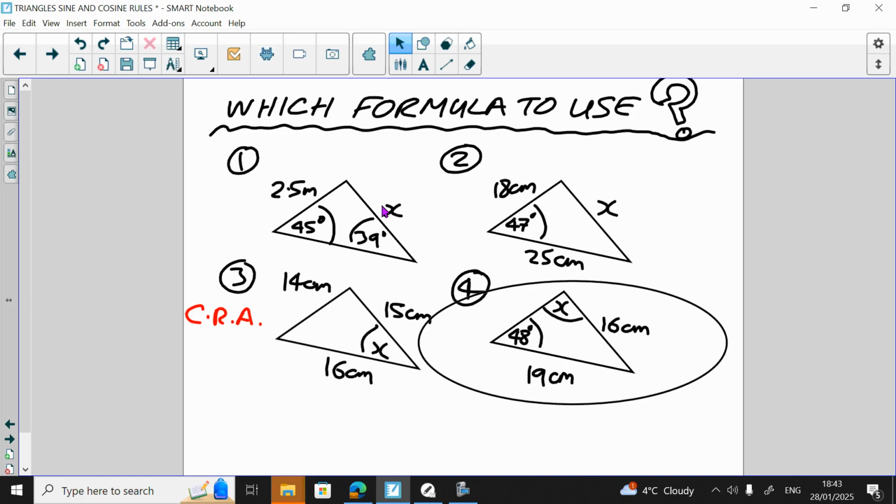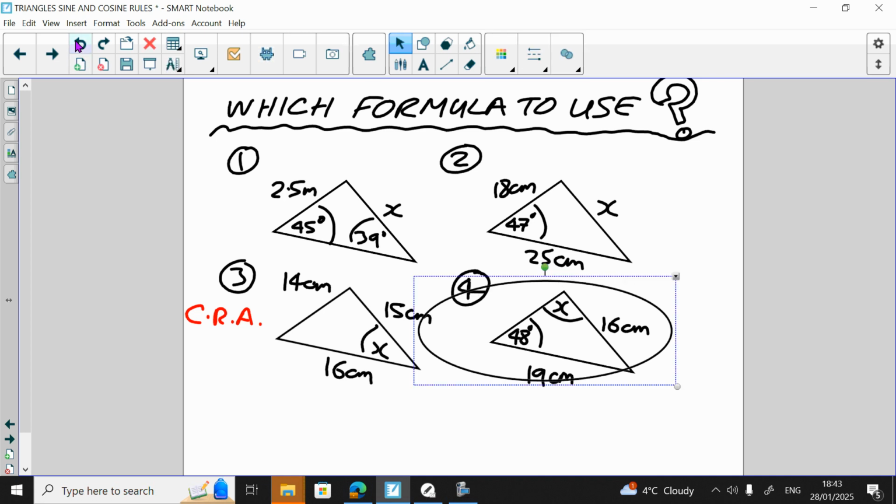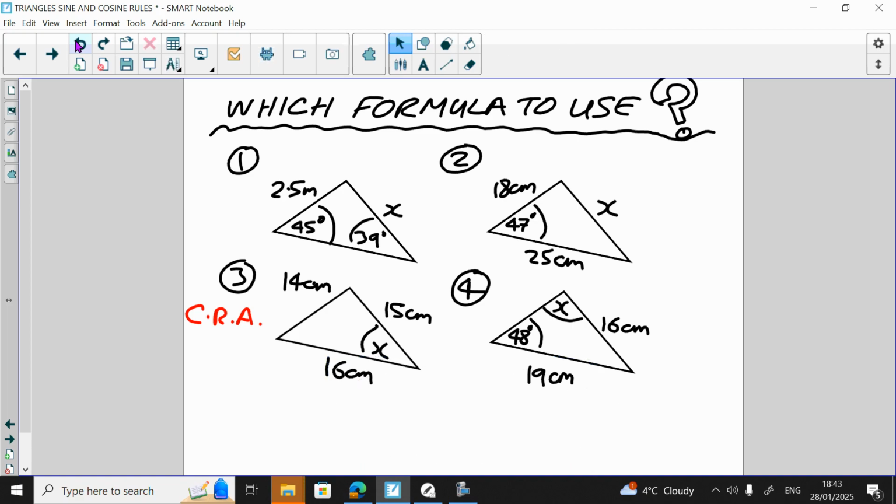Two sides, two angles. So this for me is a sine rule. Sine rule for what? Well, x is marking the spot of an angle. So that's sine rule for angle. And I've just put them all down.